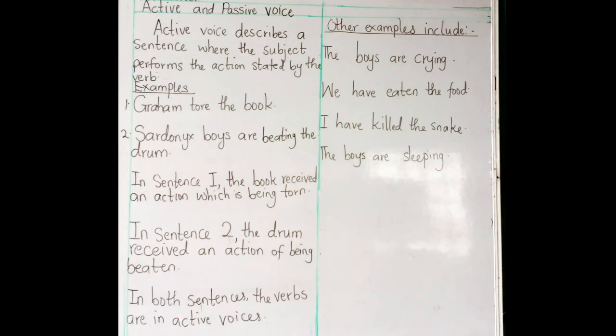Remember, in this case, you are not reporting anything. You're just saying it exactly as it happened. You're stating it according to the way the doer or the subject carried out the action. That's what we mean when we talk about active voice. Now, don't mistake this with direct or indirect speech. They all belong in different families.